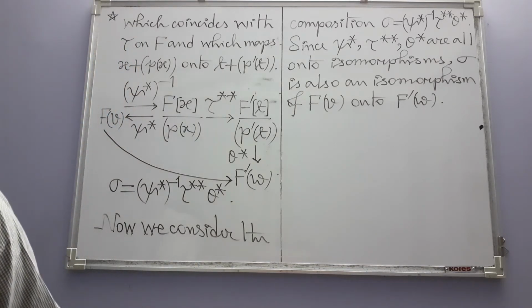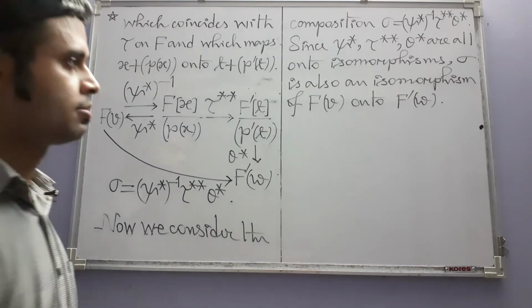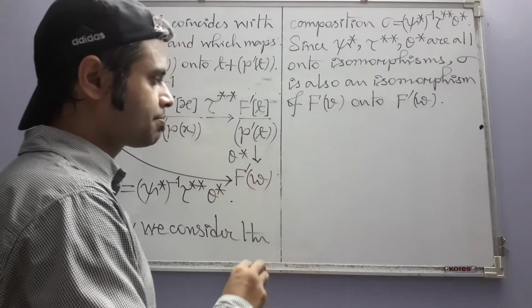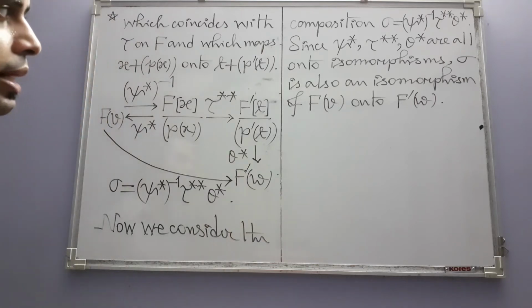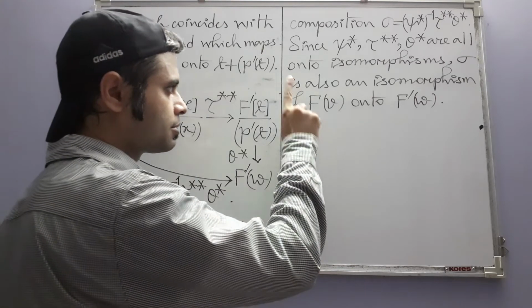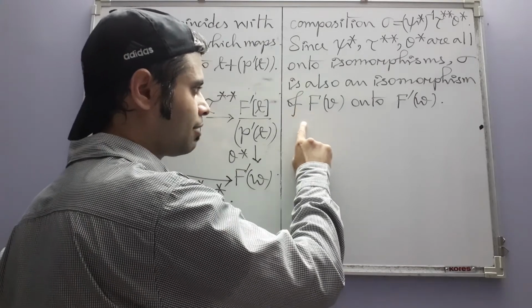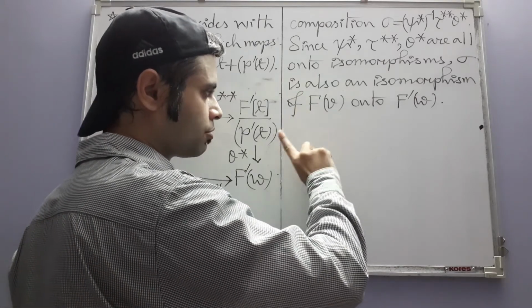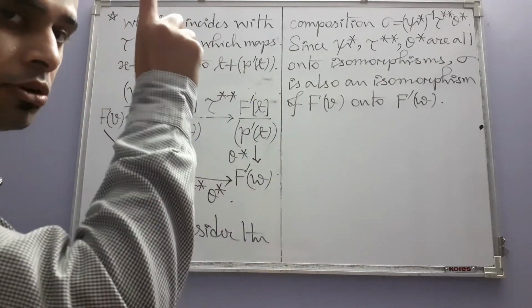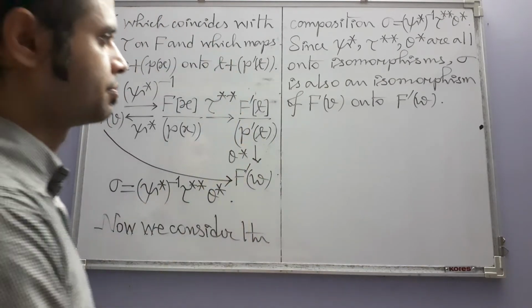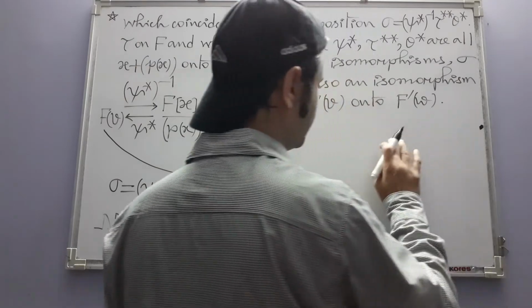One of them is that sigma maps v onto w, and the other thing is that sigma maps any element alpha in this field onto alpha prime, the image of alpha under our original function tau. So let us see the field thing first.